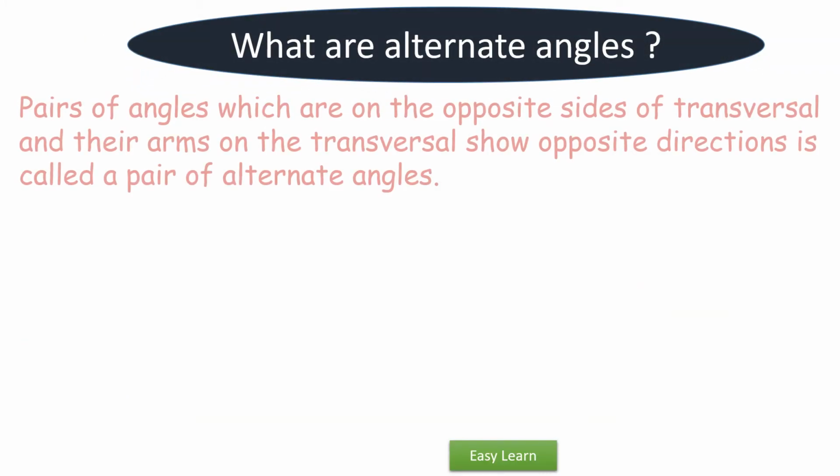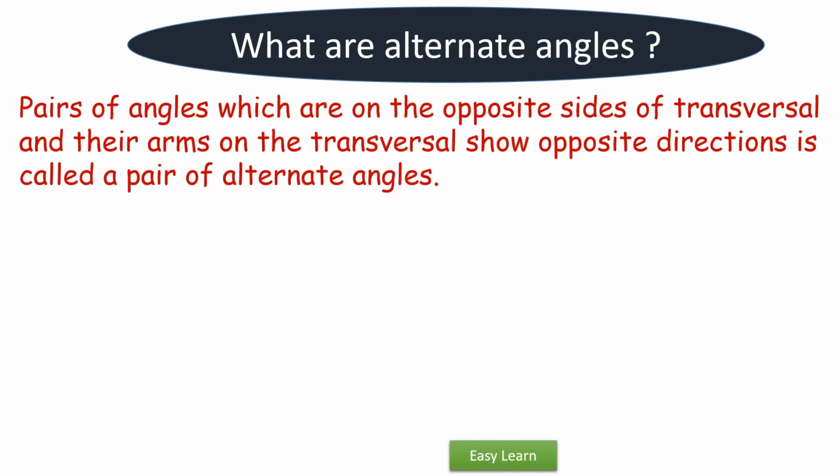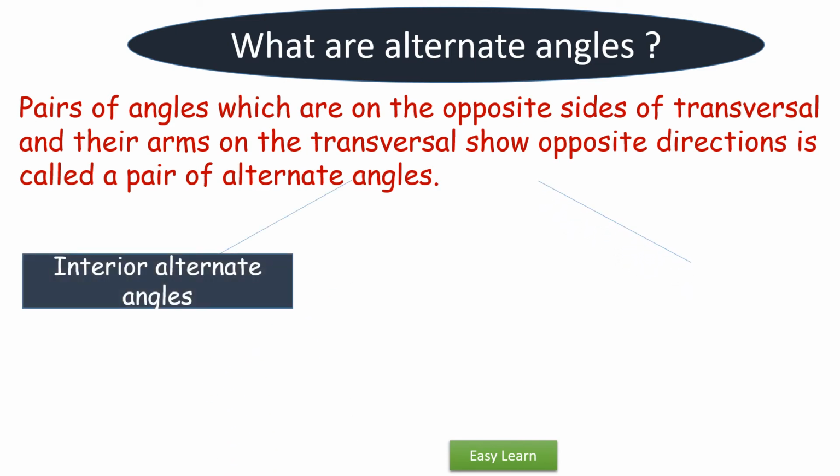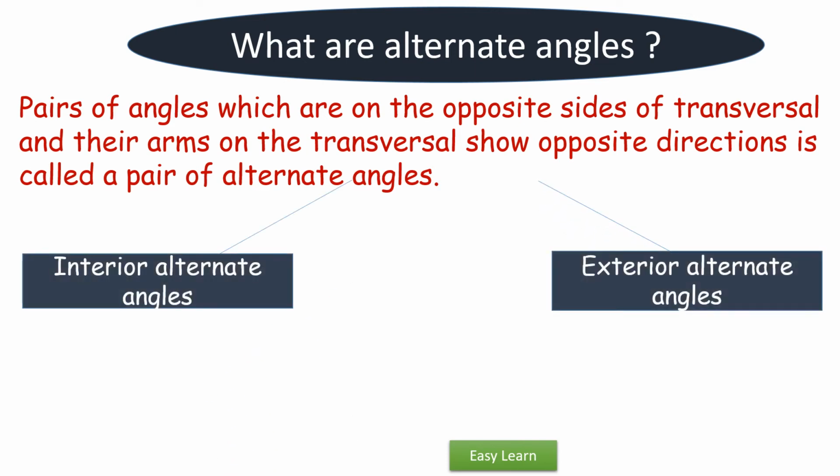What are alternate angles? Pairs of angles which are on opposite sides of a transversal and their arms on the transversal show opposite directions are called a pair of alternate angles. There are 2 types of alternate angles: interior alternate angles and exterior alternate angles.